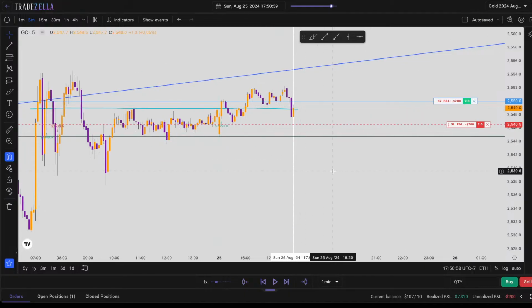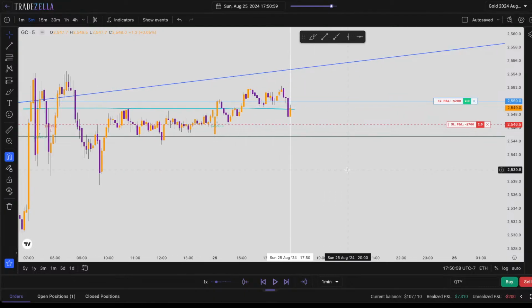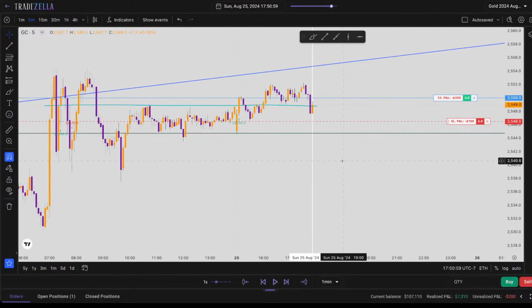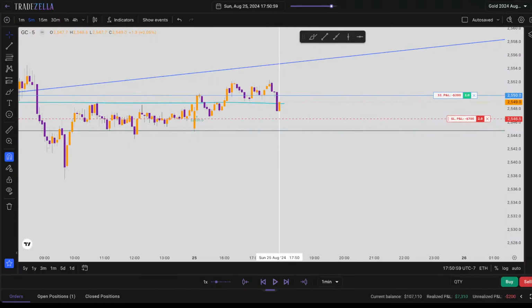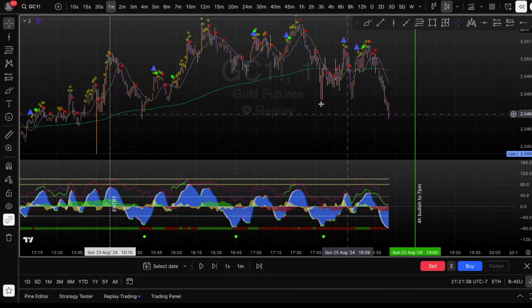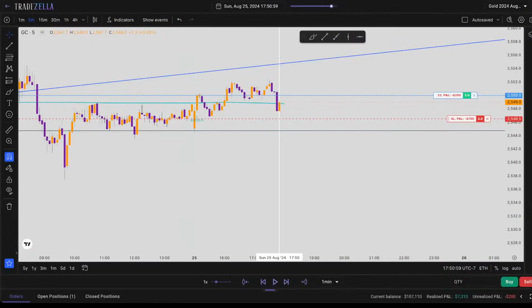Sheesh. I don't remember moving my stop loss up here. I don't think it stopped us out, but we're gonna have to catch up to see. 1840.